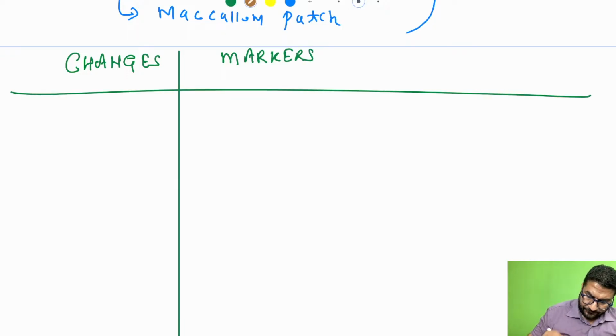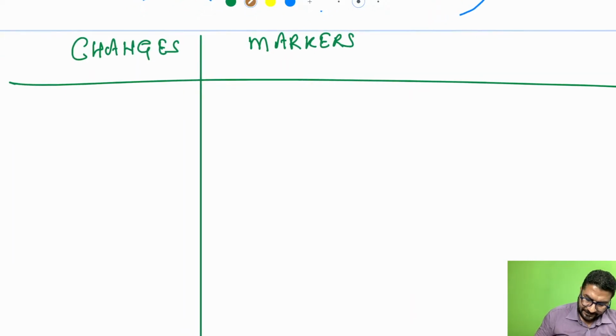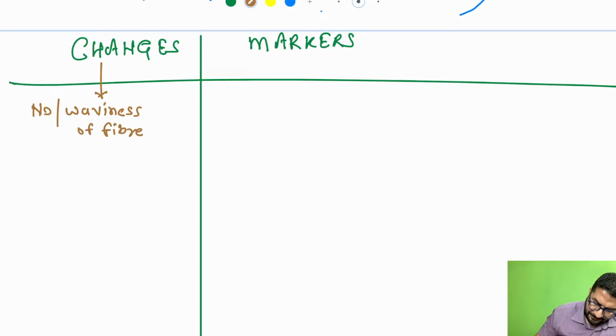First change: suppose today you had MI, then either you will see no change or waviness of fibers.